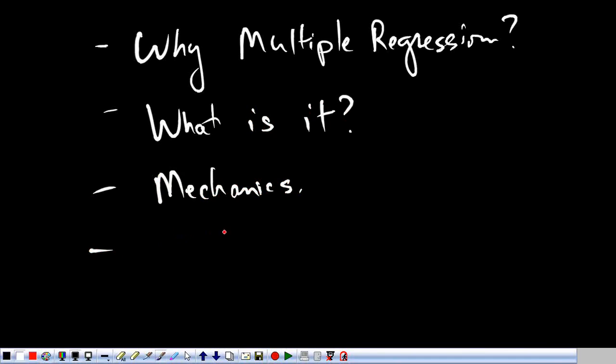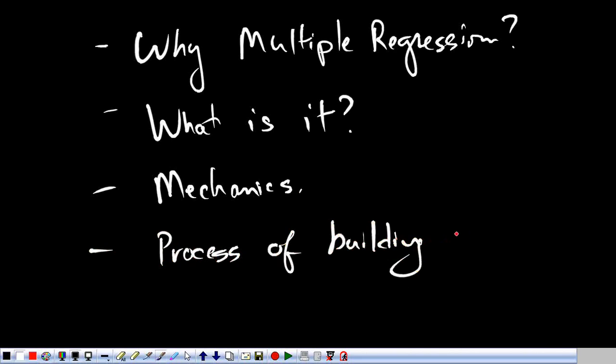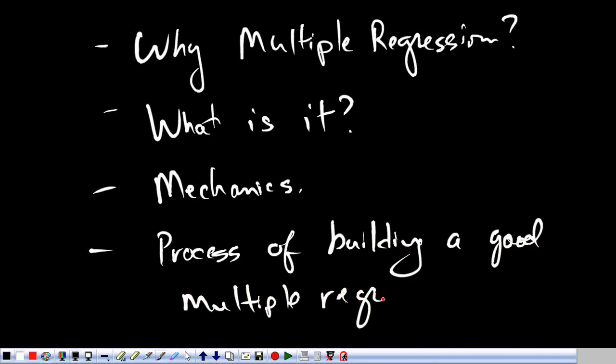And then we'll talk about the process of building a good multiple regression model.